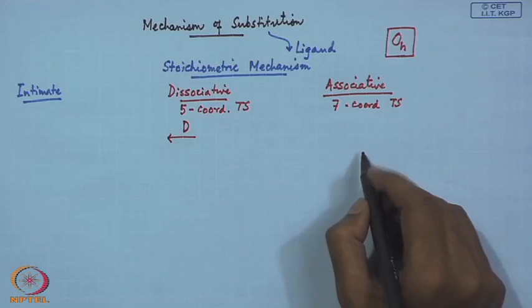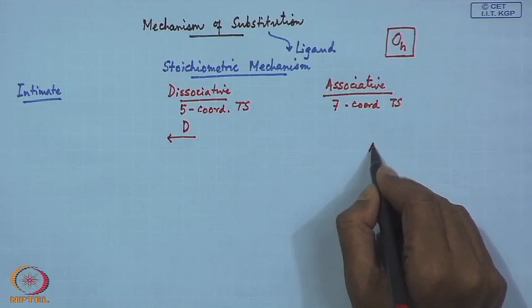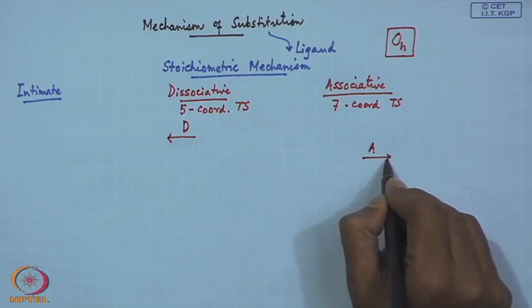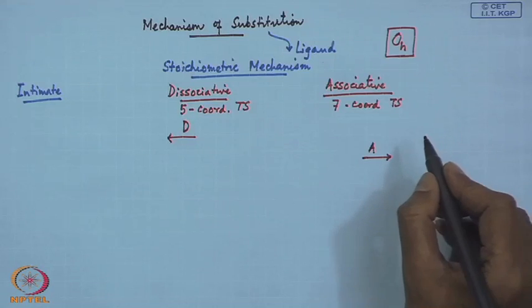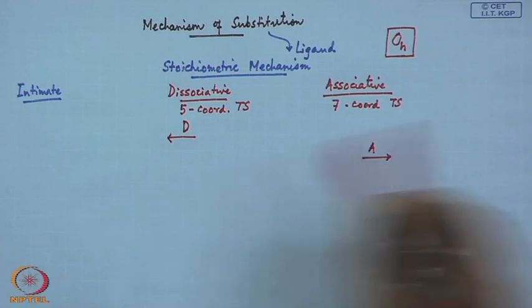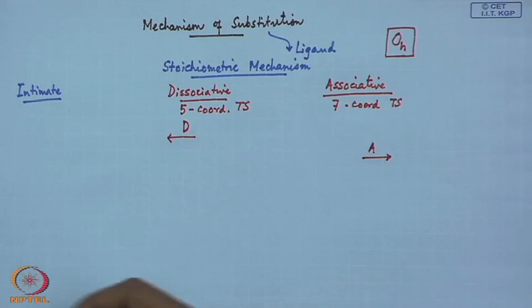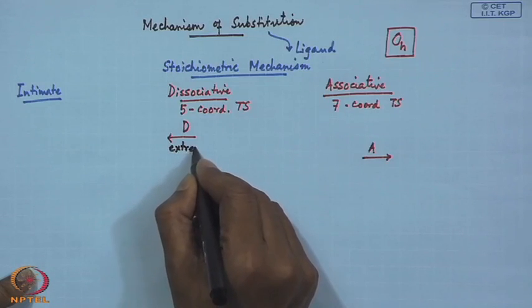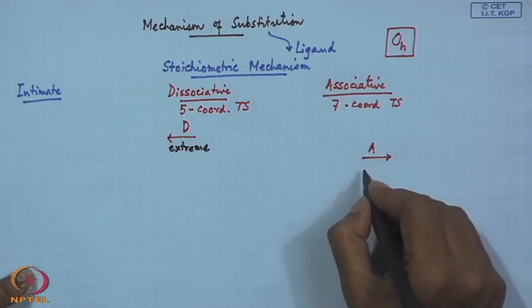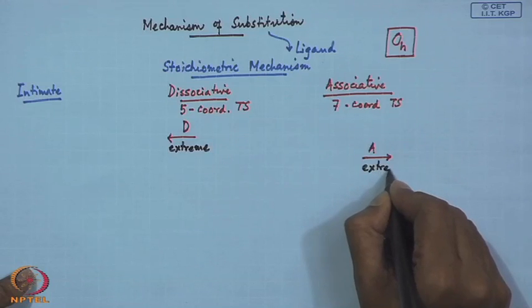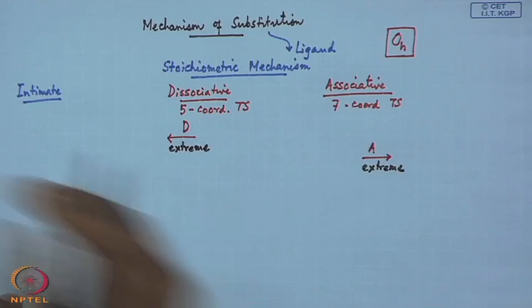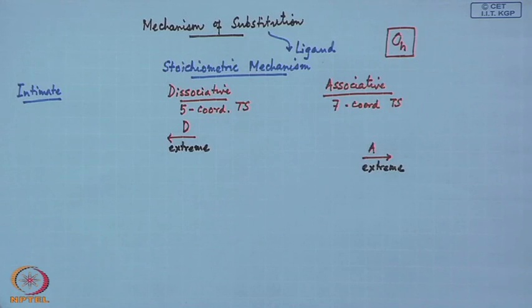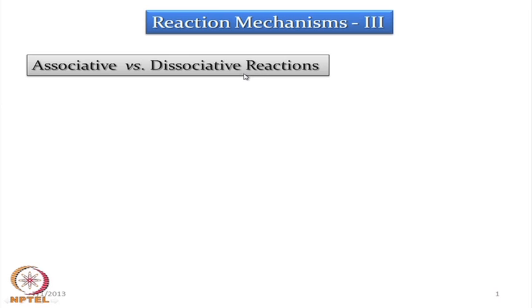And at the other end we have the associative reaction for the extreme cases. So, these two, D and A, are the two extreme cases for these reactions.